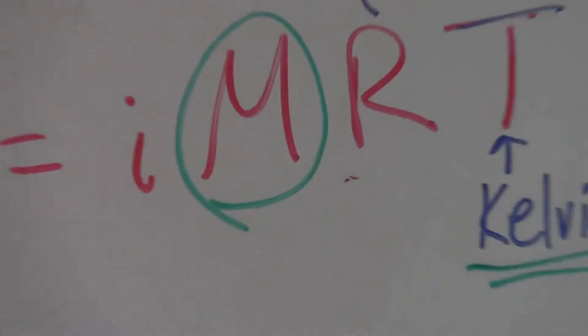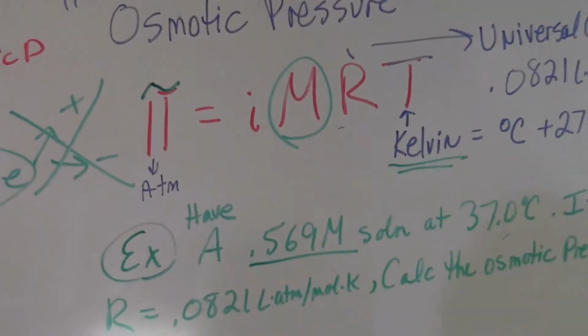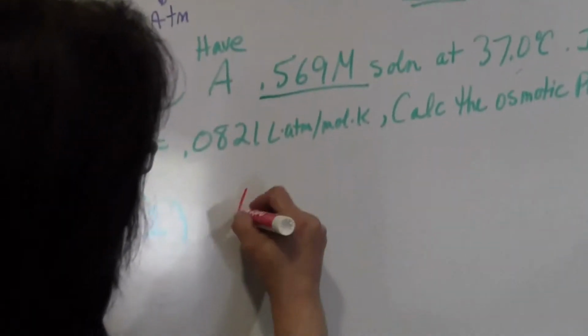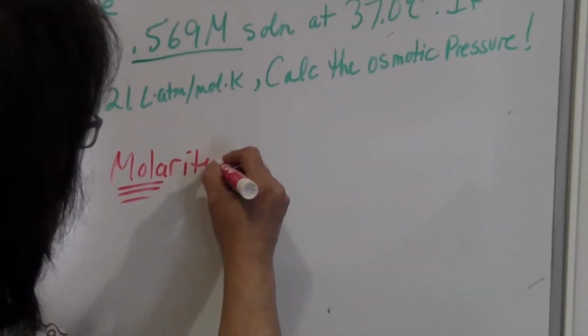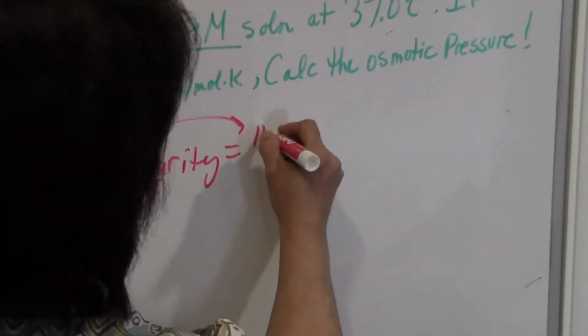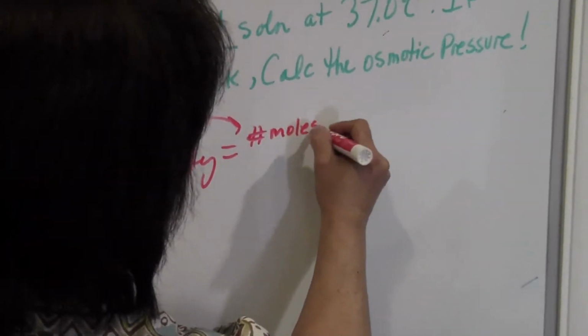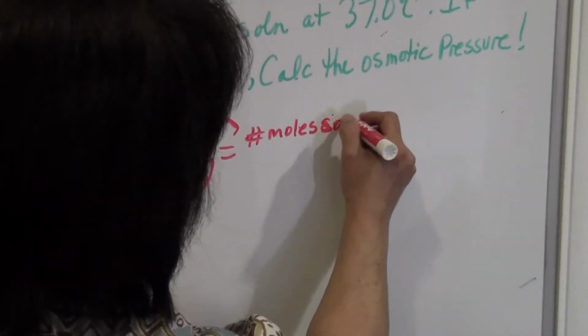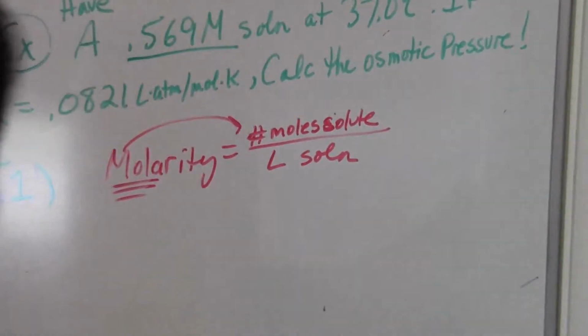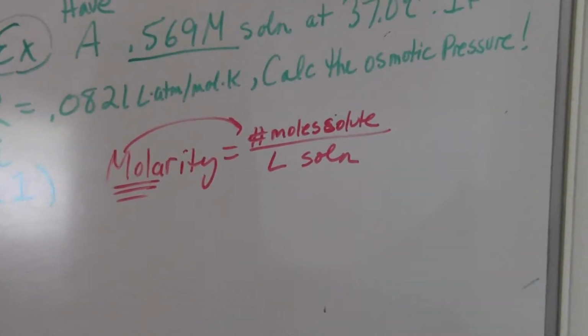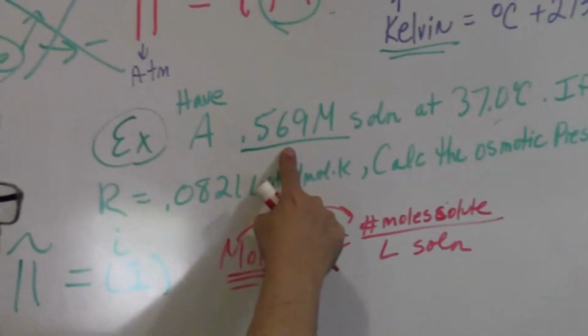Molarity is what we need next. So you know the formula for molarity. Molarity equals, it's got moles in the front, so we know it's moles on the top, number of moles of solute per liters of solution. Oh, we don't have to figure it out at all. Look, they gave it to us.